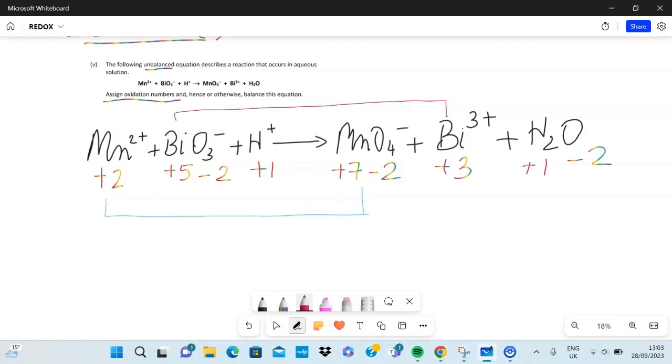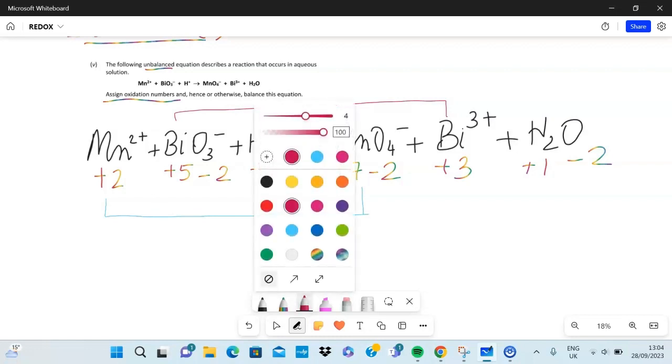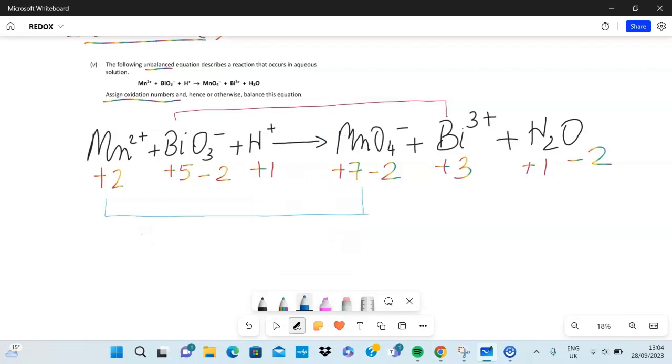Oxygen is -2 and the right-hand side is also -2, no problem. Hydrogen is +1 and the right-hand side is also +1, so that's okay. The things we have to work with are manganese and bismuth. Now you need to check which one is oxidizing and which one is reducing. In chemistry, maths is a little different from your normal maths.